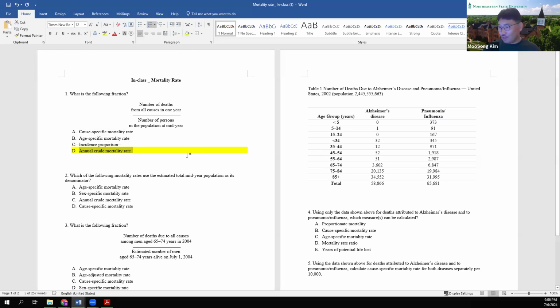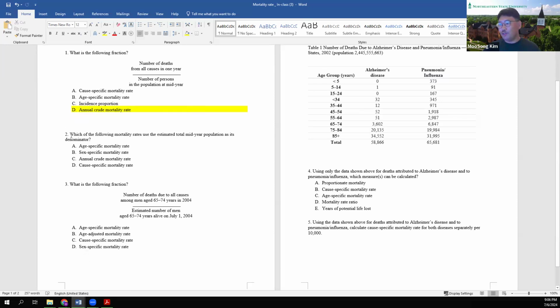Number of deaths from all causes, so total number of deaths, and then number of people in the population at mid-year. So the answer should be D.